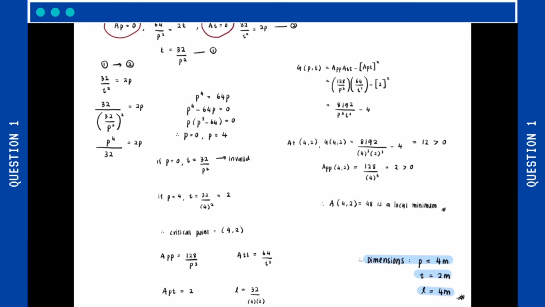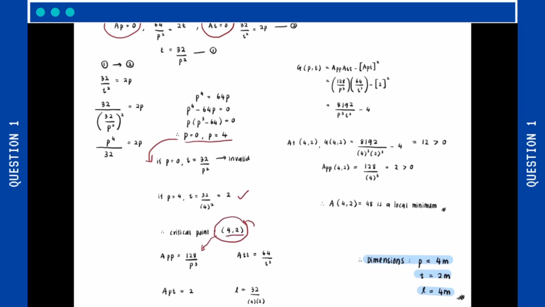So we need to solve the simultaneous equations, and we get P equals 0 and P equals 4. Then we need to find the value for T, so we substitute the value of P into the equation and we get T equals 2. So now we have the critical point, which is 4 and 2.